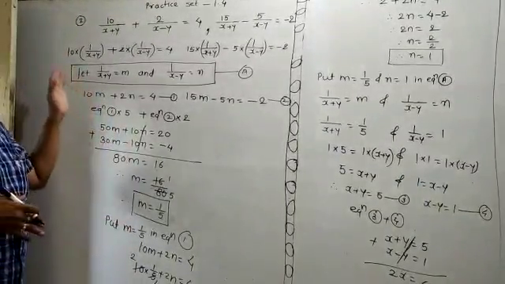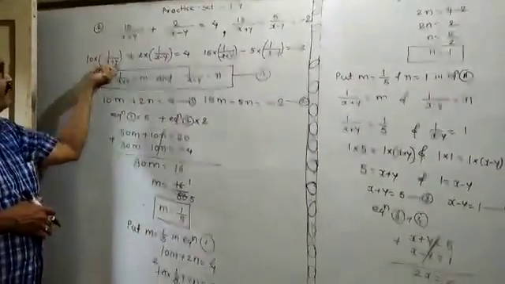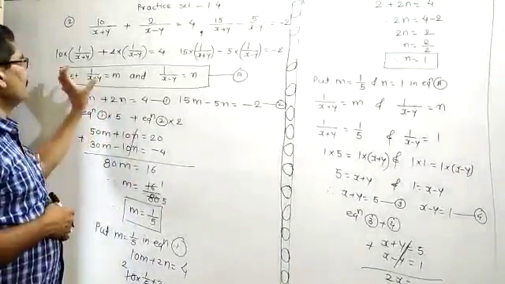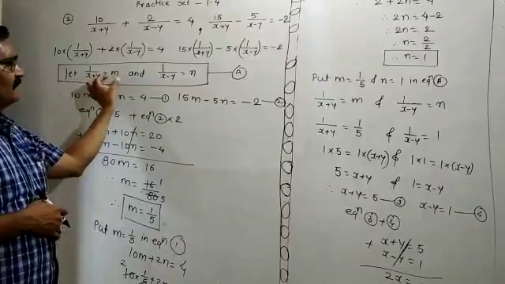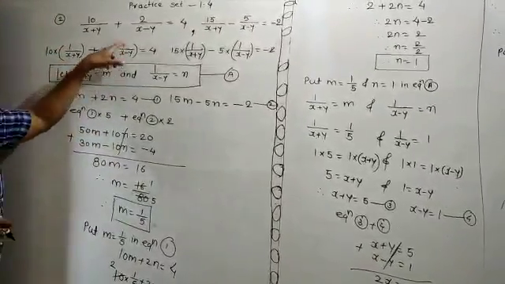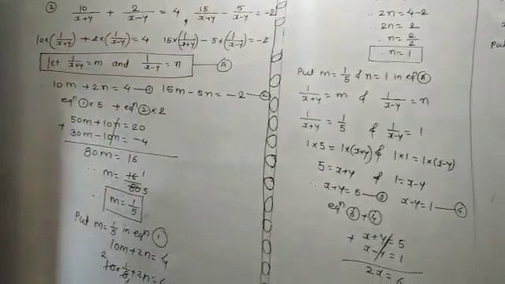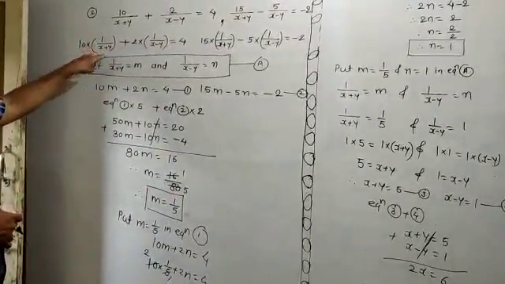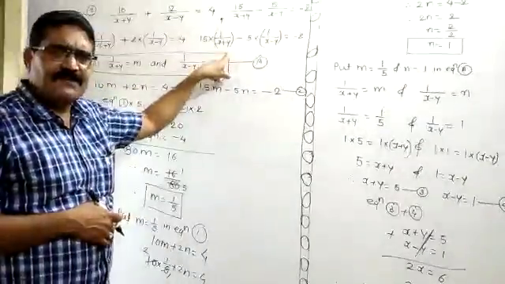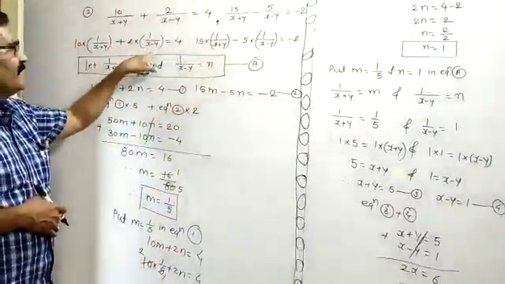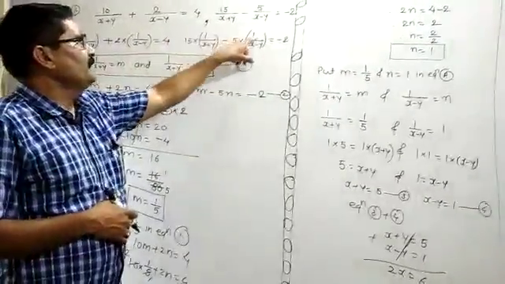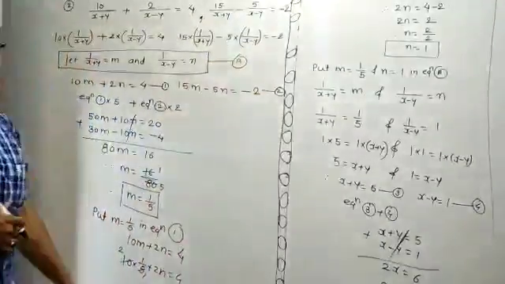In such types of examples, if the variable terms are in the denominator, you have to consider new variables. I will consider 1 upon x plus y is equal to m and 1 upon x minus y is equal to n, because 1 upon x plus y is present in both equations, and 1 upon x minus y is present in the first equation and also in the second equation.